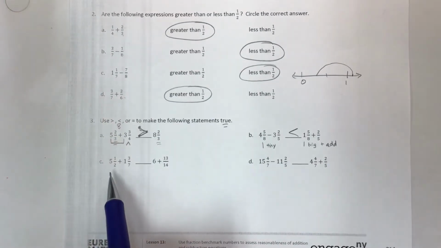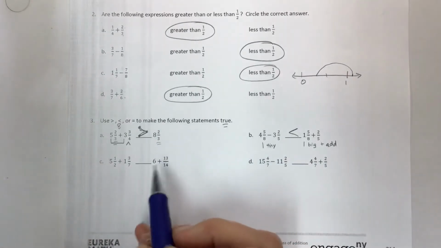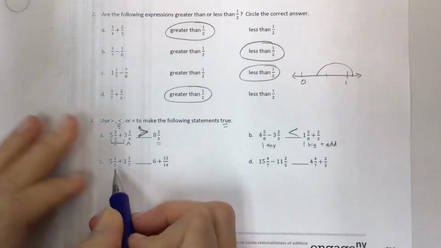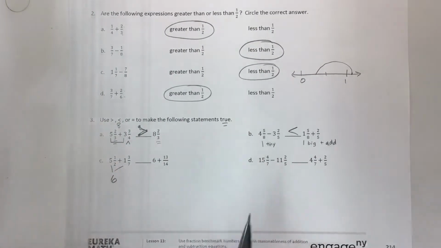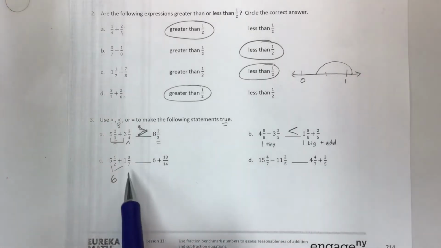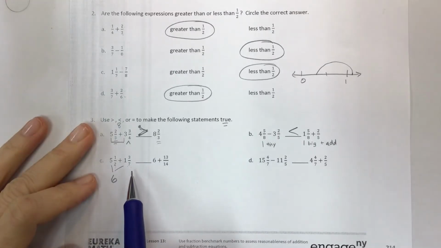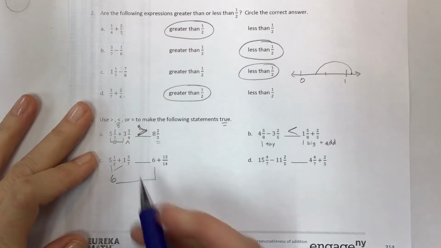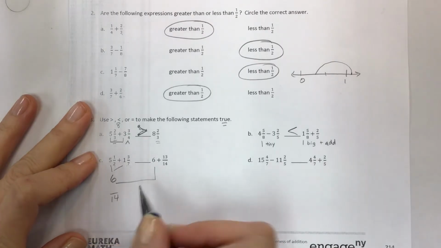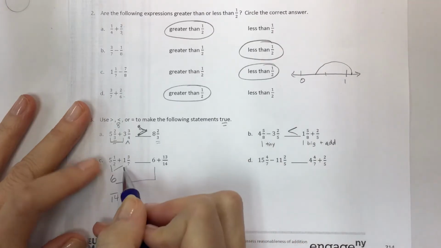Okay, next one. 5.5 plus 1 and 3/7. So if I'm thinking about values here, and I look at that whole number, and then you can also see that sometimes when you look at those denominators, you kind of can't help yourself, like you see, ooh, I'm getting really close, and you have 14ths and 14ths, and just leave that alone.